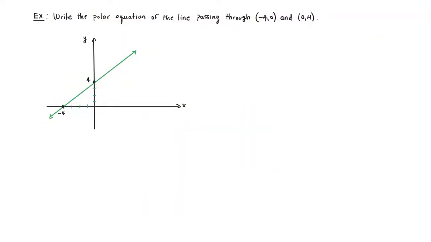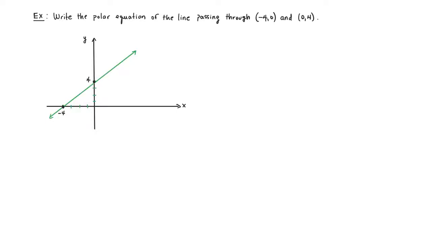As the last example here, I have a situation where we are given 2 points, negative 4 comma 0, and 0 comma 4, and we are told that a line is going to pass through those 2 points. We're being asked to write the polar equation of the line passing through these 2 points. Here I already drew the line passing through the point 0 comma 4 and negative 4 comma 0.